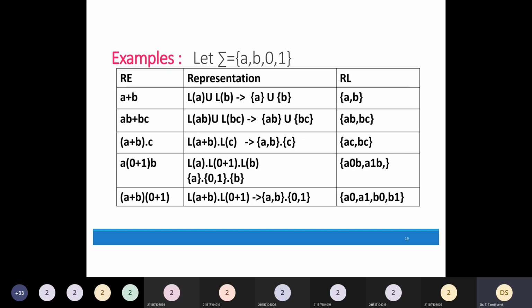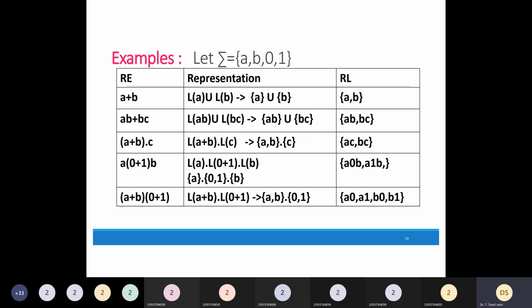While forming the regular language, within curly braces you write ab comma bc. And then the third one, a plus b into c. This can be written as L of a plus b dot L of c, which means a comma b dot c. You have to combine both into a single language, that is ac comma bc.